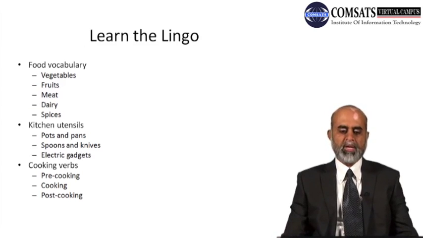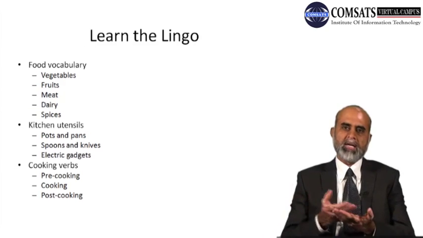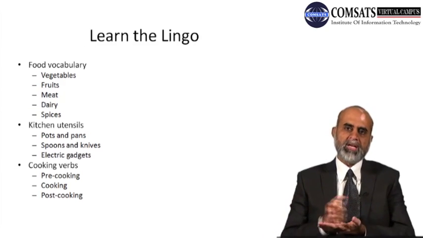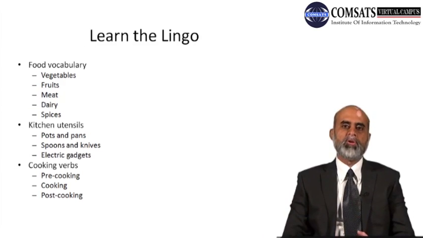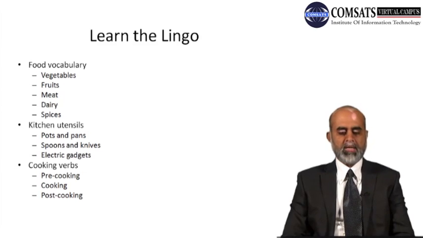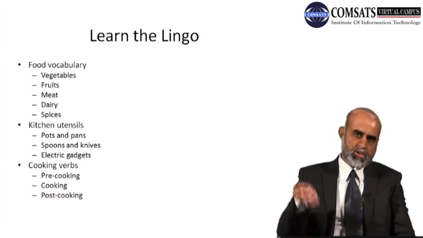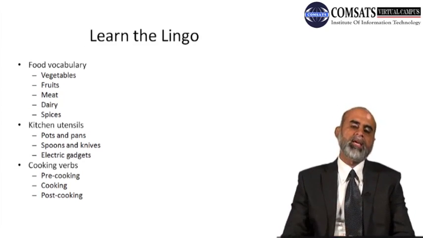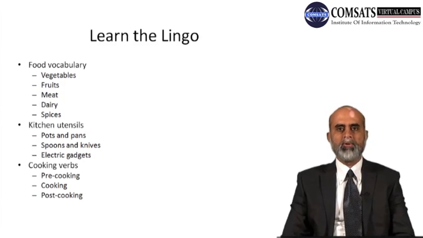So there is pre-cooking vocabulary. Okay, or you grate vegetables, or you cut them, or you peel potatoes before cooking them. And there are lots of cooking verbs. You can stir the ingredients in the pan while you are cooking it.